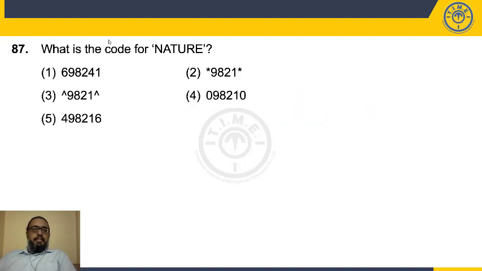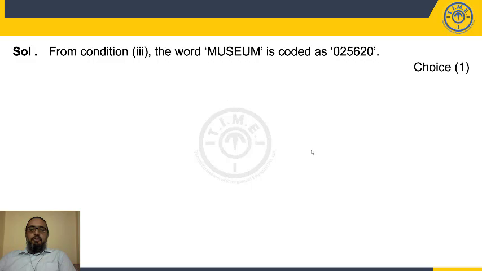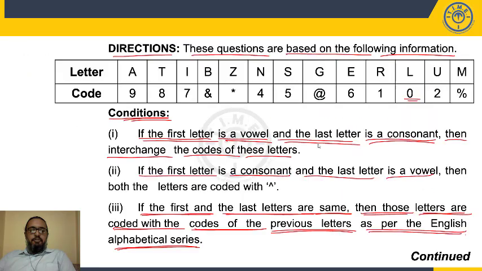Choice 1. Then next, what is the code for nature? So we have the word nature. Now first is a consonant, last is a vowel. So first consonant, last vowel is second condition. If the first letter is a consonant and the last letter is a vowel, then both the letters are coded with the power symbol. So both will be coded with power symbol, and nature, ATUR.